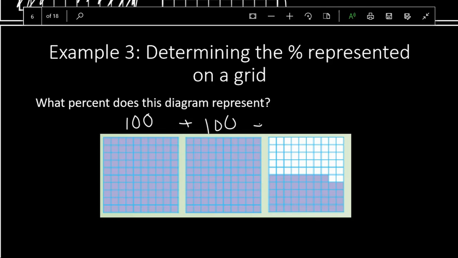If we're just looking at the shaded in ones, it looks like you have 4 rows going up and then 7 blocks across. The pictures on my screen are kind of small, so if I got that wrong, please let me know during class. But if you add those up, 100 plus 100 plus 47 will give you 247.